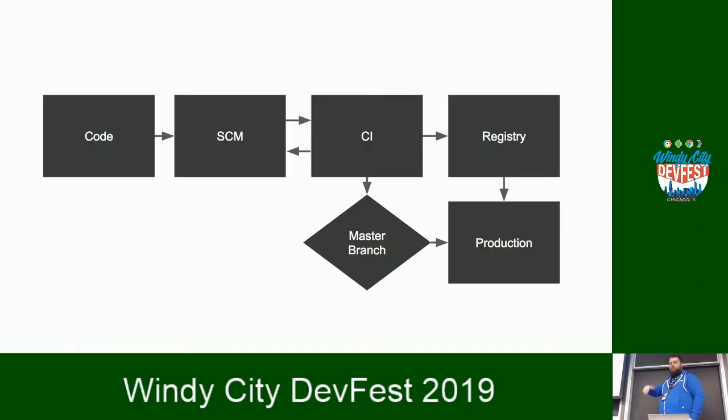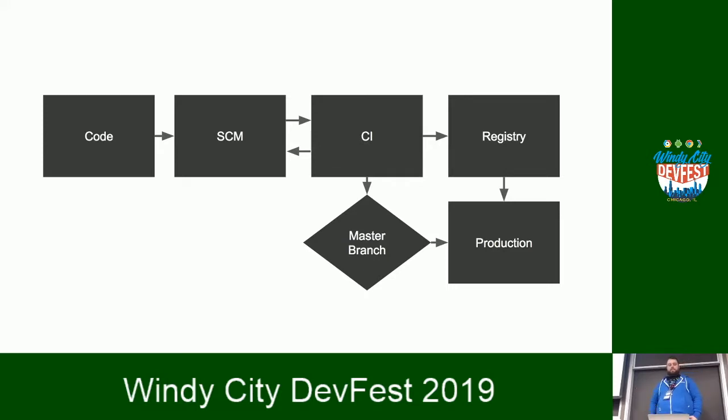So this is sort of what the flow looks like. You code, that code gets pushed up into a source control management, which then sends it to a CI process. That CI process will communicate back to the source control management whether or not it's passed, right? So typically you'll see in a pull request, if it's passed all the tests from Circle CI and it has, that means it's safe to merge.